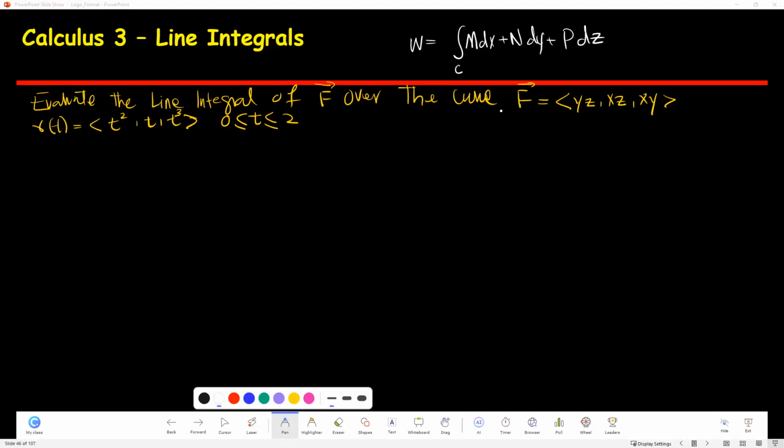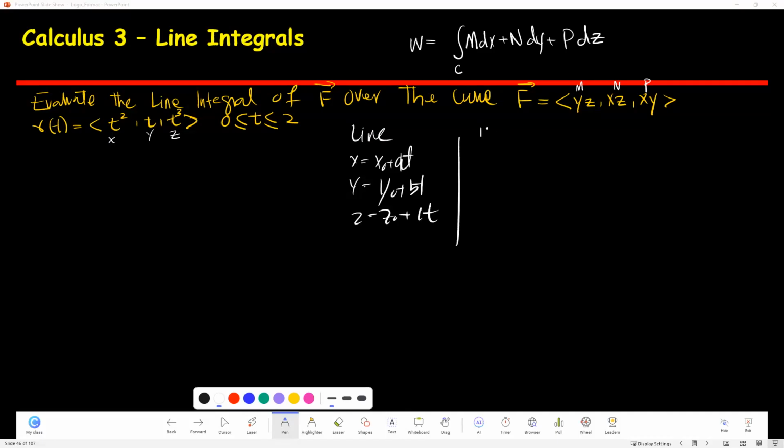So that is my M, that is my N, that is my P, that is my x, that is my y, that is my z. Usually we create our own by using a parametric relationship: x equals x naught plus at, y equals y naught plus bt, z equals z naught plus ct. This is for a line.